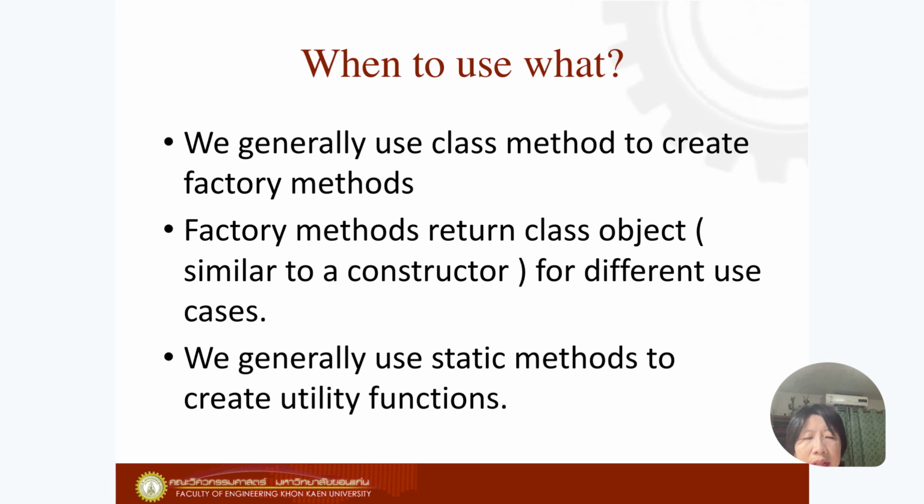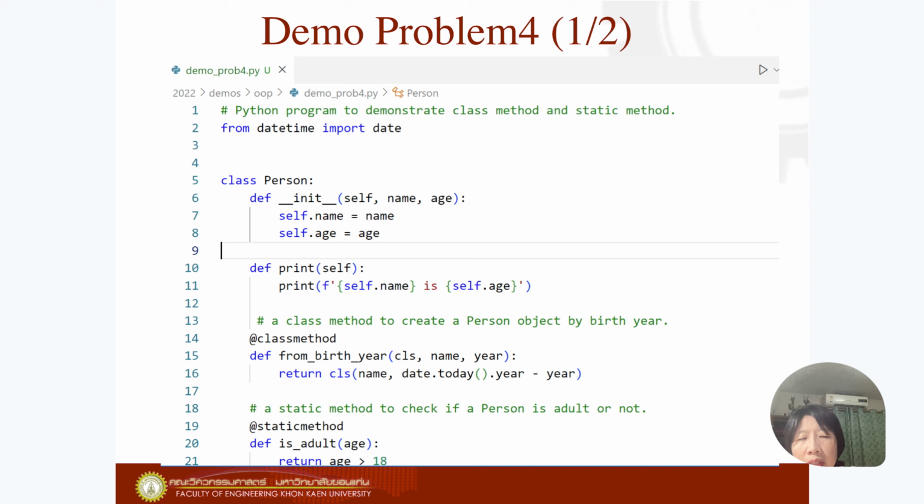So when to use what? We generally use class method to create factory methods. Factory methods return class objects, right? In class Person, we have class method from_birth_year, and that also returns the object of class Person. But for static method, we use it to create utility functions. Here you can see the difference between class method and static method.